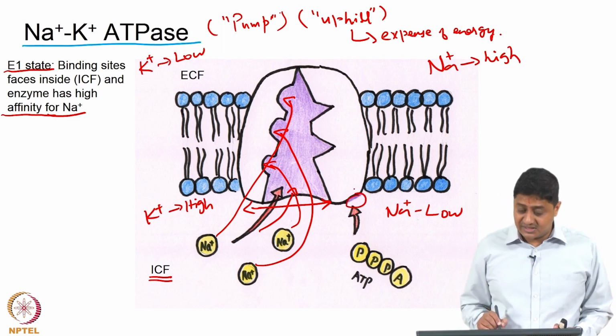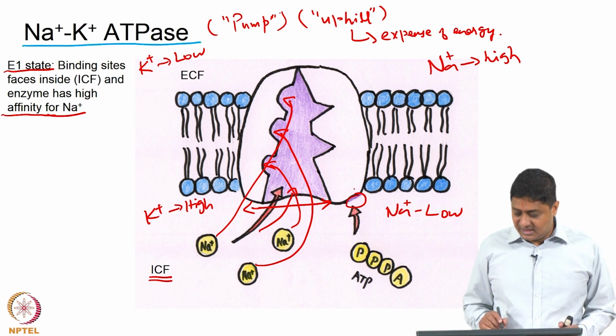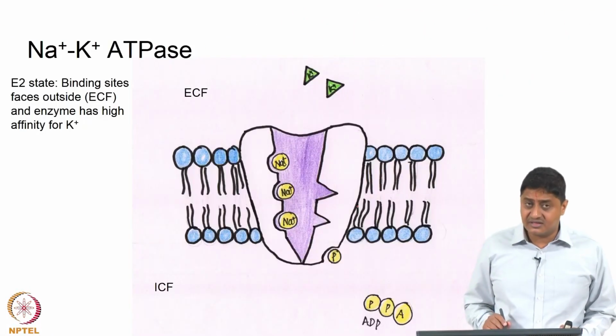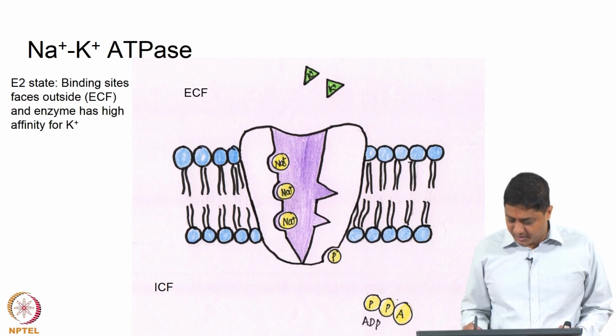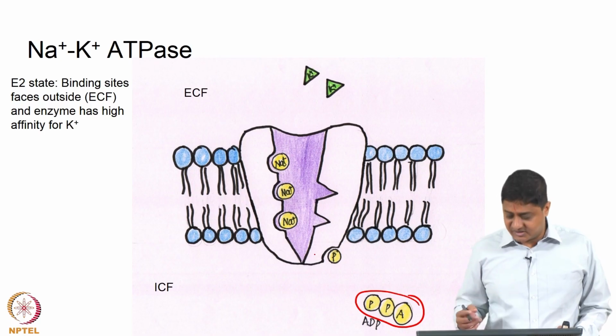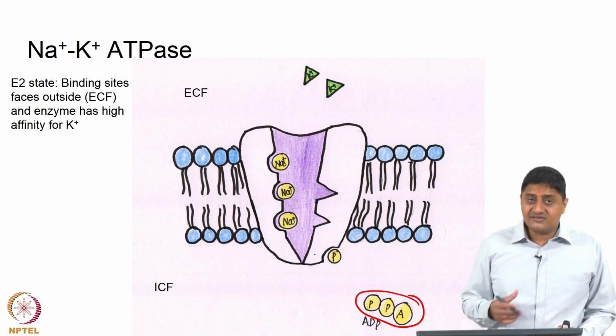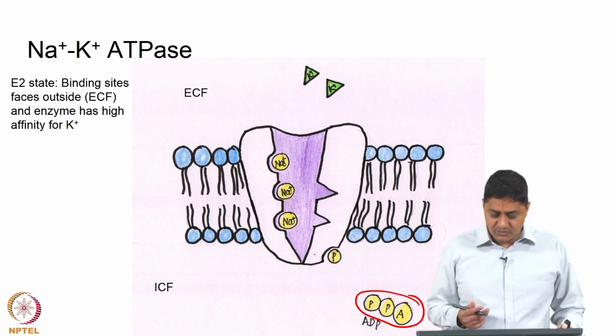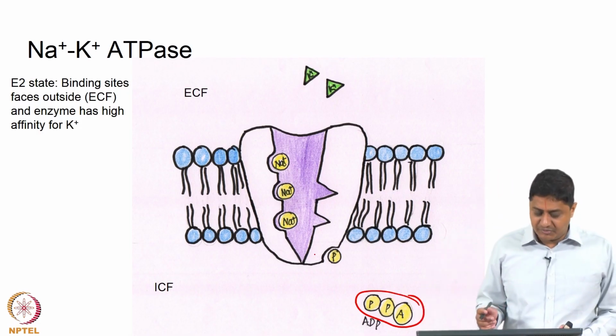When the ATP molecule attaches, the high energy third phosphate bond is broken and it is converted into ADP plus phosphate. So, ADP leaves the system, and this energy released due to the breakage of this bond makes this ATPase undergo a conformational change.